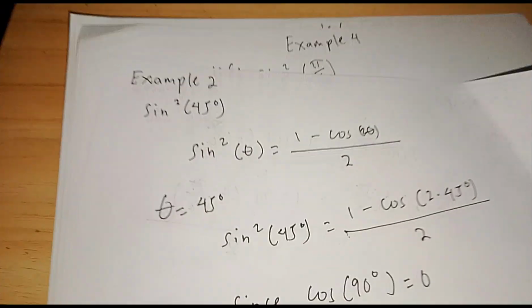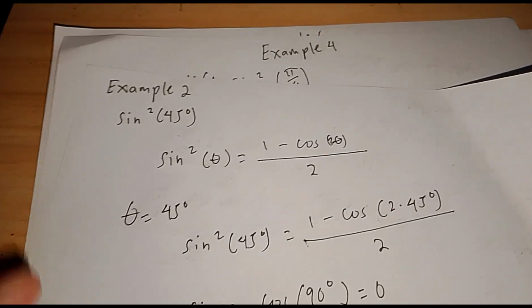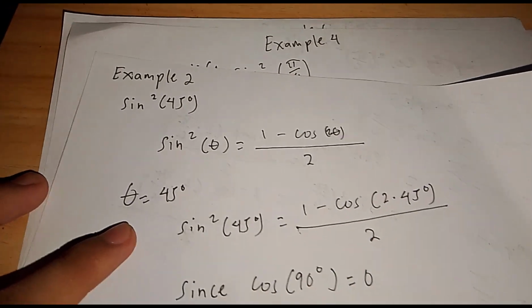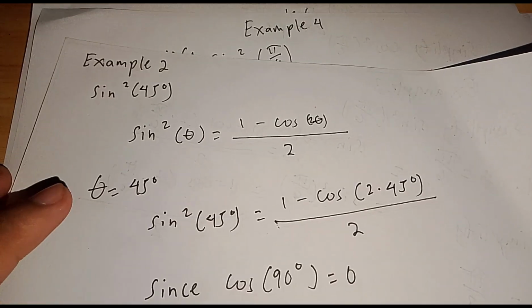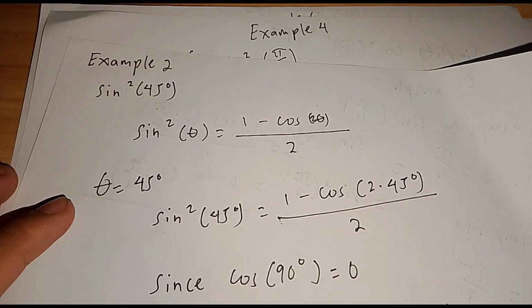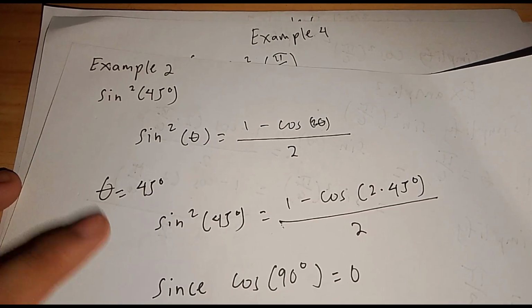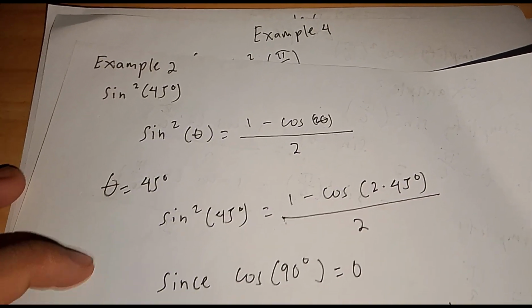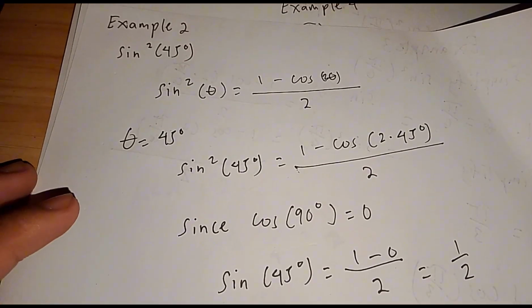In example number 2, we have sine squared 45 degrees. First, let's write the formula: sine squared theta equals 1 minus cosine 2 theta over 2, where theta equals 45 degrees.